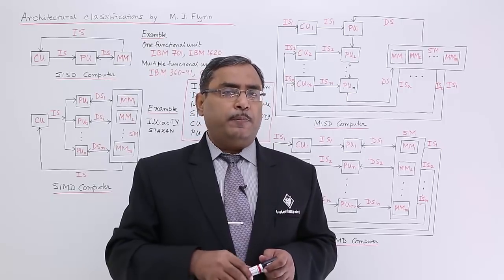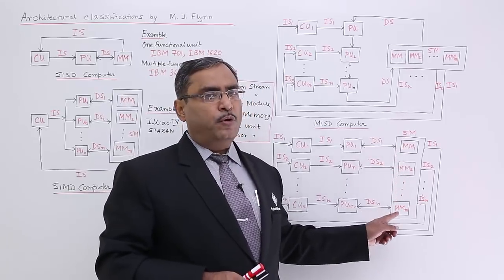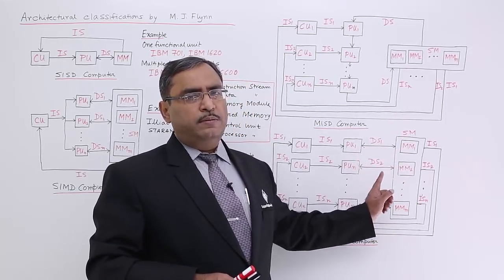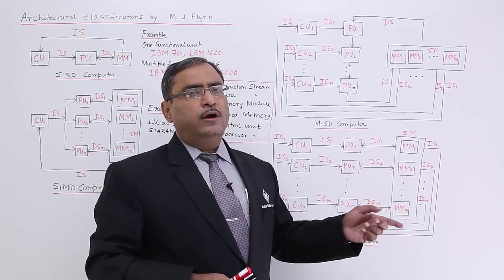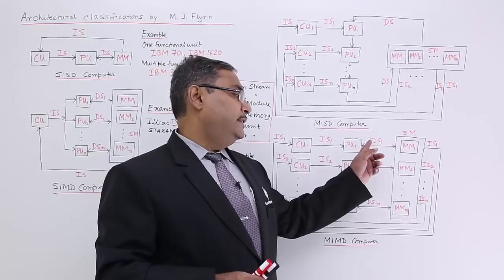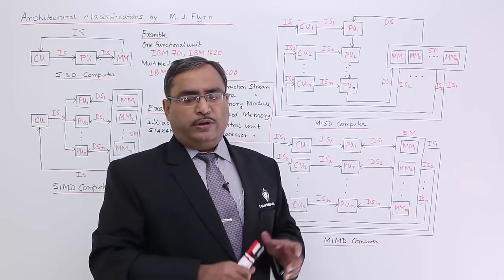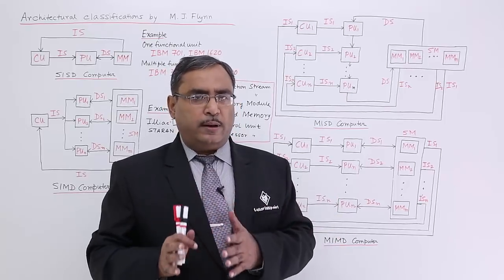In case of the loosely coupled model, all these data streams will be available from separate memory modules. So there is no interdependency about who is reading or who is writing at first or vice versa. So there is no dependency. In that case, it will be known as the loosely coupled computer model. So, tightly coupled and loosely coupled.